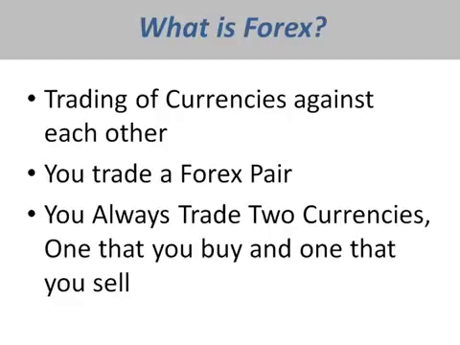Therefore, since you're trading currencies against each other, you always trade what's called a Forex pair. So instead of buying and selling one currency, you actually buy currencies against each other. We always trade two currencies: there's one that you buy and one that you sell.